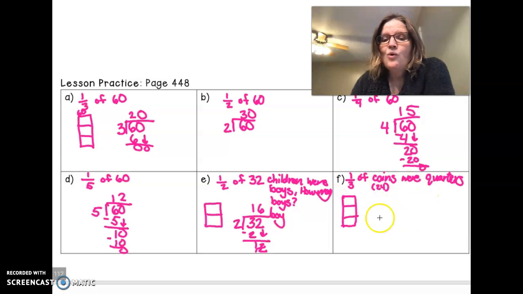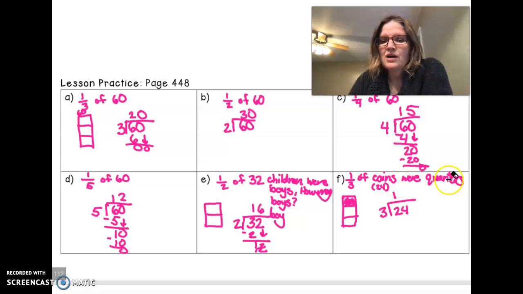There we go. 1/3 of coins were quarters. 1/3 of 24 coins were quarters. So we have this amount. We want to know how many of these were quarters. And so we take 24 and we divide it by 3 parts. It's my bad.